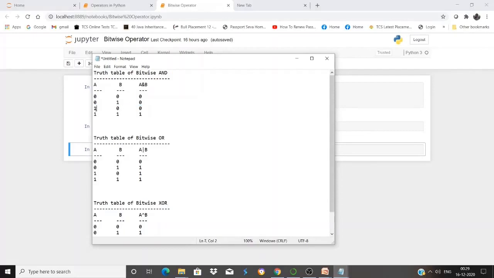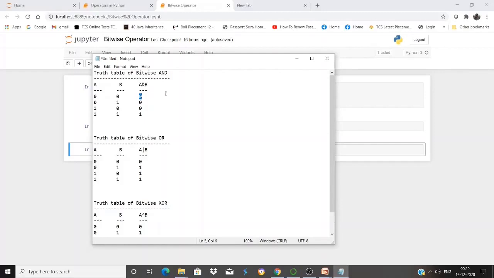If one bit is 1 and the other bit is 0, then also it will be 0. And if both the bits are 1, then only the output will be 1. So in case of bitwise AND, the output will be 1 only when both the bits are 1. If any of the bits is 0, then the output will always be 0.